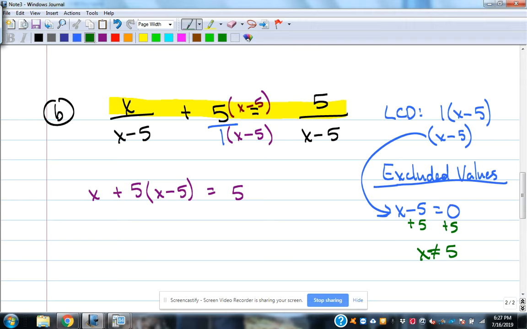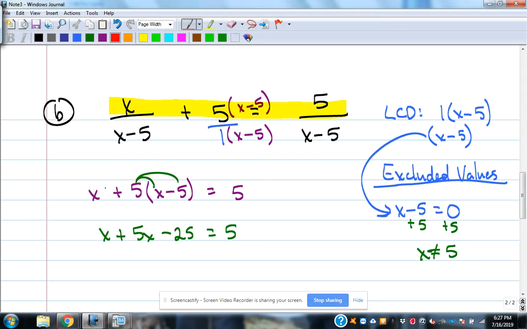This one's not a bad one to solve because I distribute the 5. x plus 5x minus 25 is equal to 5. And I don't see an exponent on the variable, so that tells me I don't have to get it equal to 0. I'll just solve it like normal. So I'm going to add those two together.